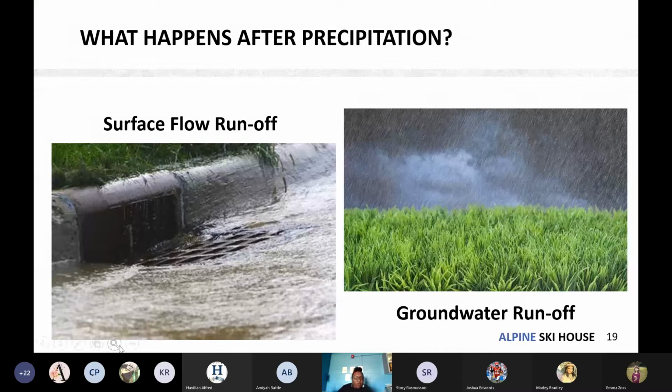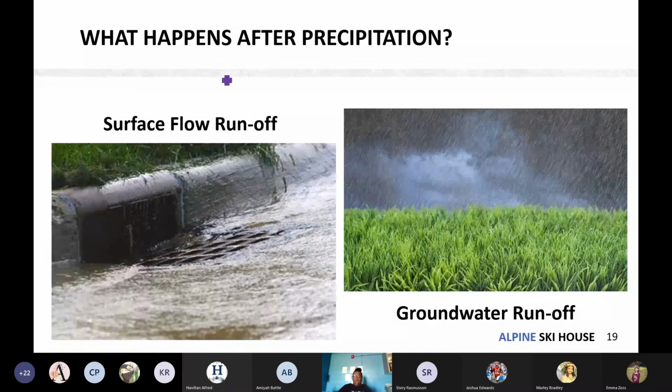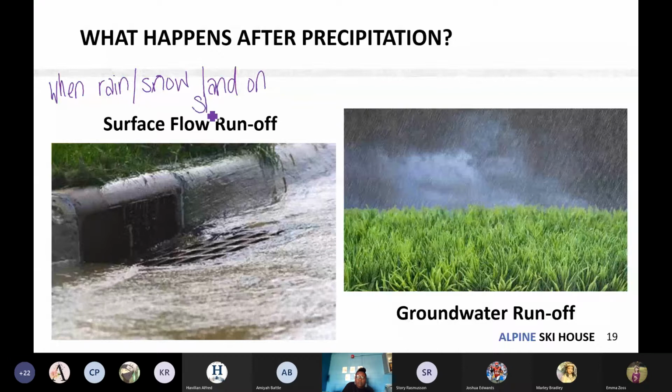We want to make sure we know in our notes here that surface flow runoff is when rain or snow literally land on streets or sidewalks.